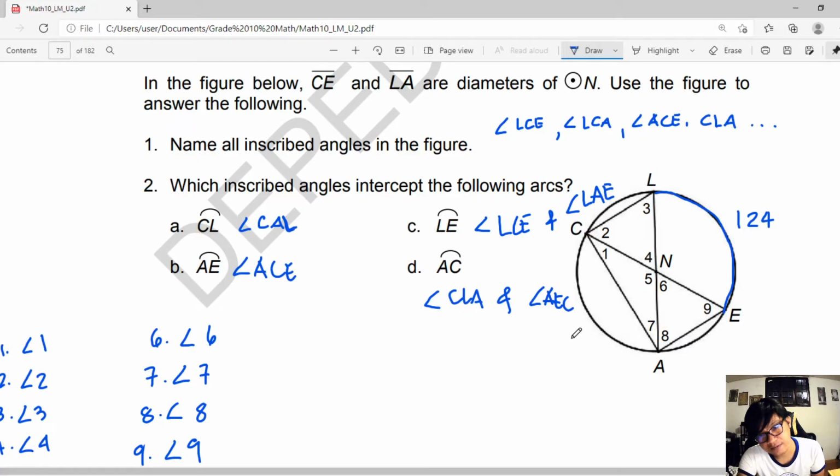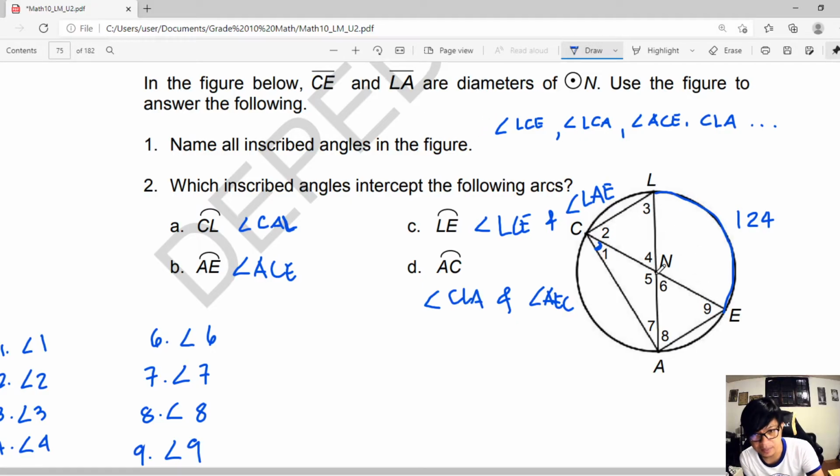Let's find first the measure of angle 1. What is the measure of this one, angle 1? We know kanina that LA is a diameter.